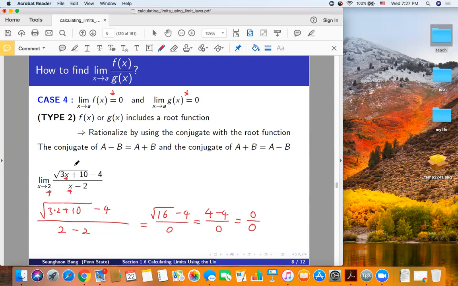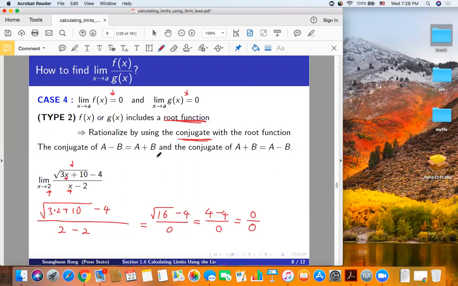So the numerator has a root function. How can we solve it? We rationalize by using the conjugate. So my question: what is the conjugate of the square root of 3x plus 10 minus 4?